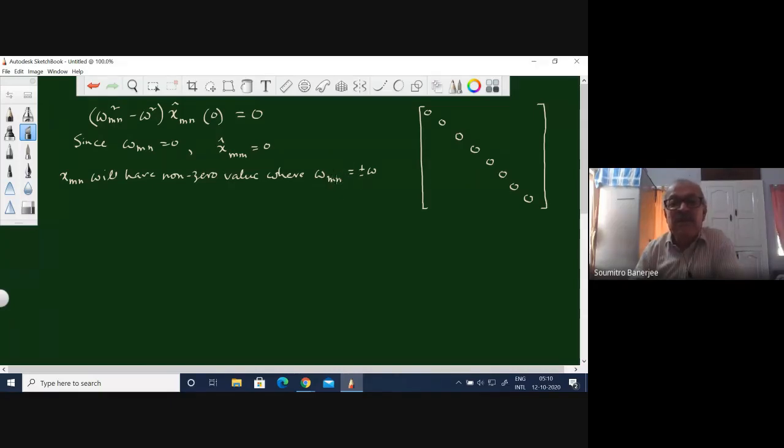If the difference between m and n is just 1, then this condition is satisfied, which means that only the first off diagonal elements will be filled up. So this will have a structure x 01, x 10, and so on and so forth. These terms will exist, but other than that, when this difference is larger than omega, then this term has to be 0, and therefore all these terms will be 0. So it will be a matrix where the structure is like this.